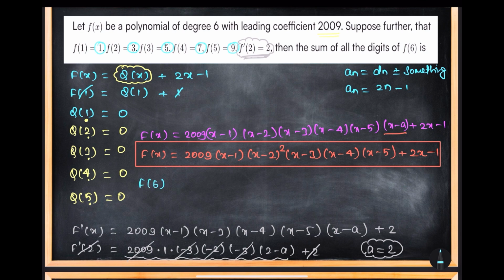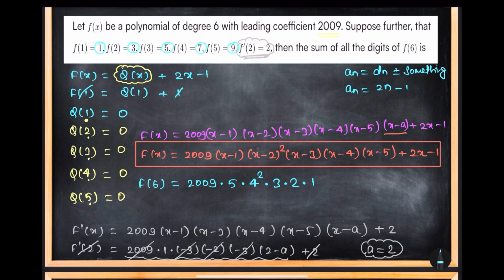So f6 will become 2009 times 6 minus 1 is 5, 6 minus 2 is 4, 4 squared, and then 6 minus 3 is 3, 6 minus 4 is 2, 6 minus 5 is 1.